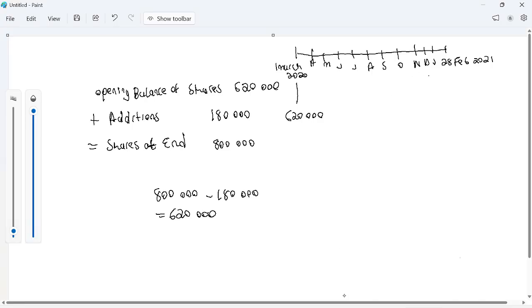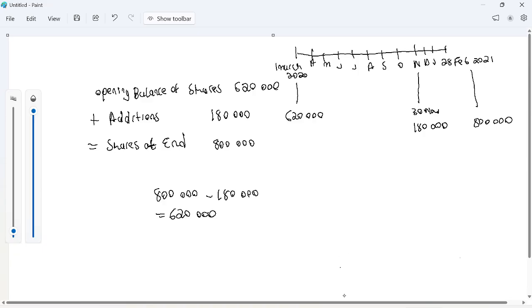I can also say 1 December. Let me just say 30 November here. How many shares? 180,000 shares. At the end of the financial period, I have how many shares? 800,000 shares. Now, when was my interim dividend paid?